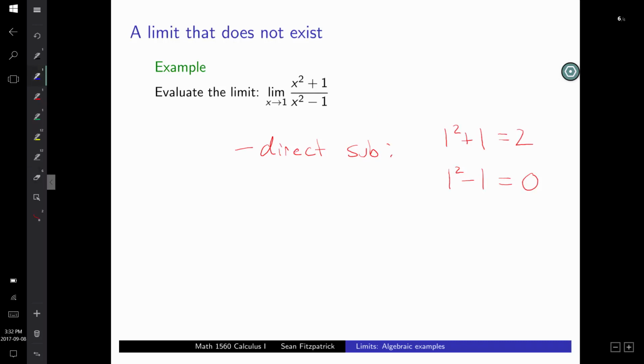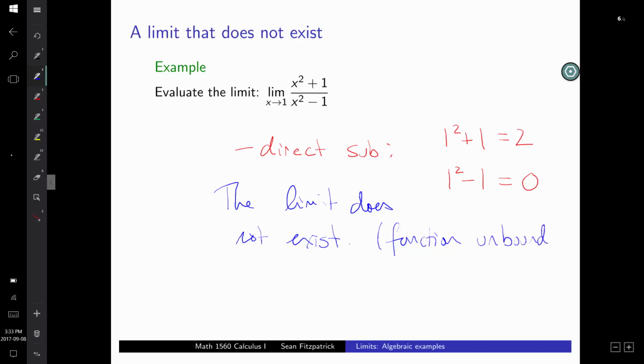What we should say is simply that this limit does not exist. If you want to, you could give some reason, like the function is unbounded, meaning that it gets really, really big as you get close to 1.